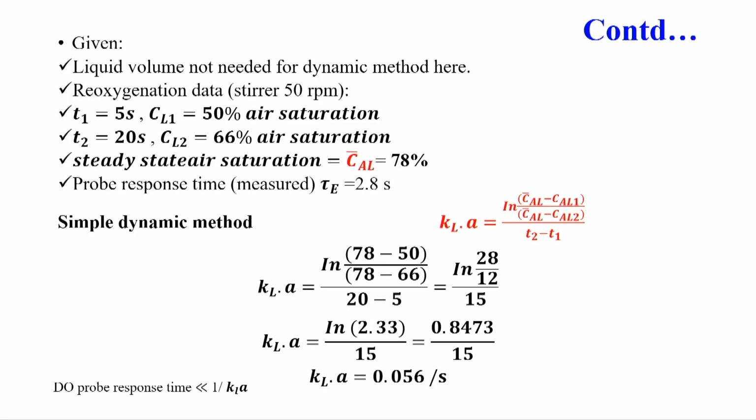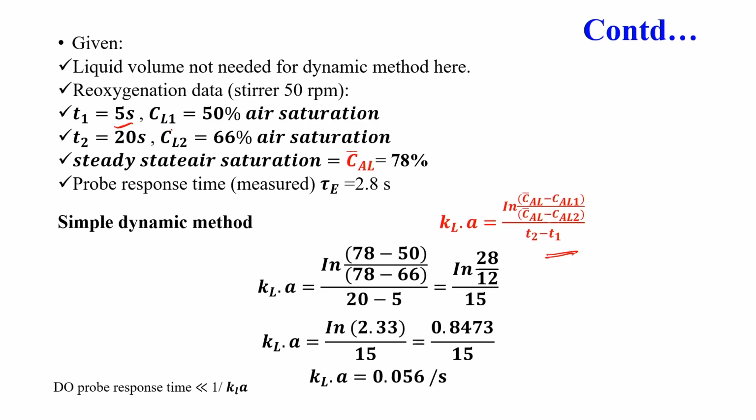So we will be applying the last expression which we discussed to measure the KLa for the dynamic gassing out method. So, at T1 5 seconds the Cl1 was 50% air saturation, at T2 20 seconds Cl2 was 66% air saturation, and at the steady state the air saturation was 78%.